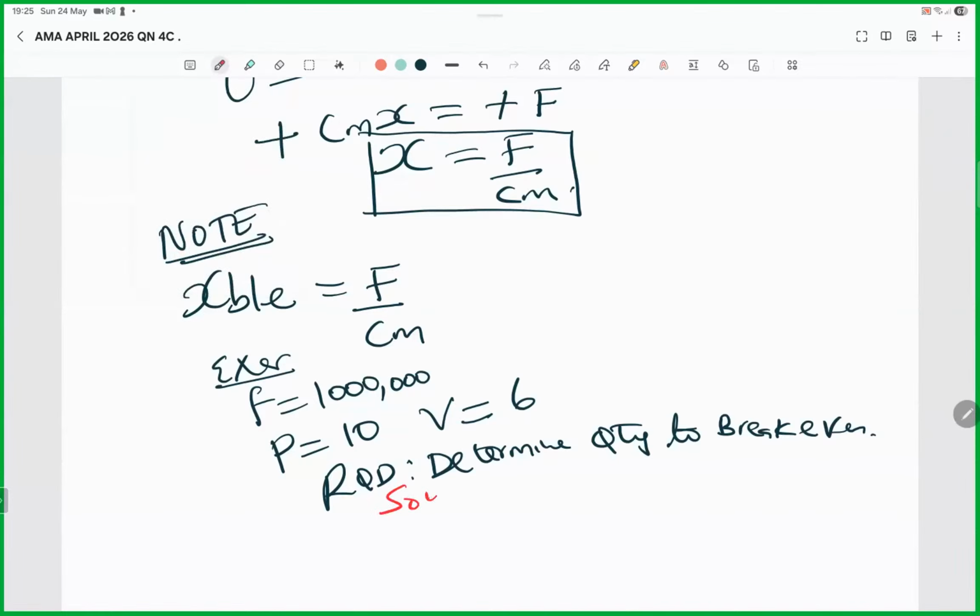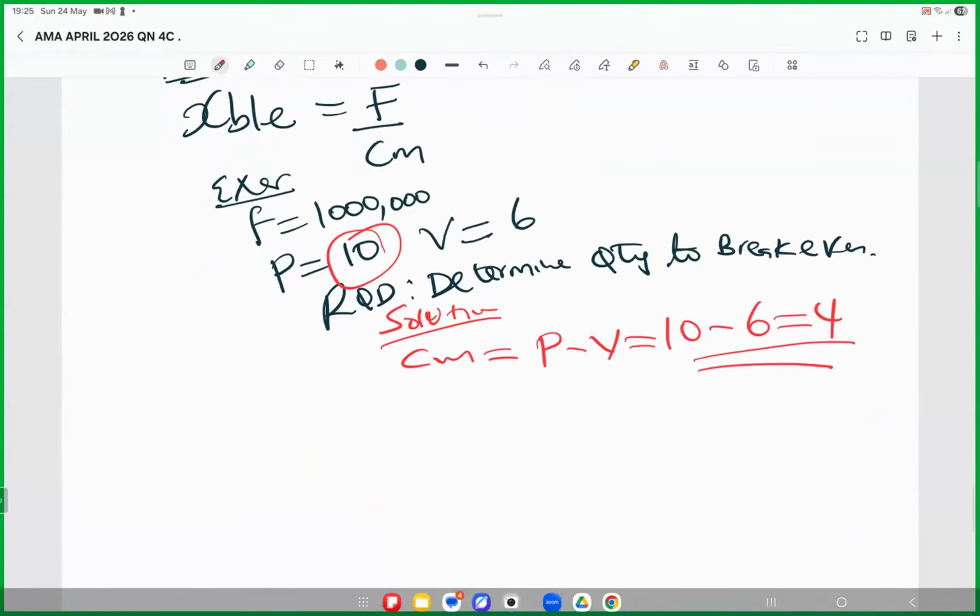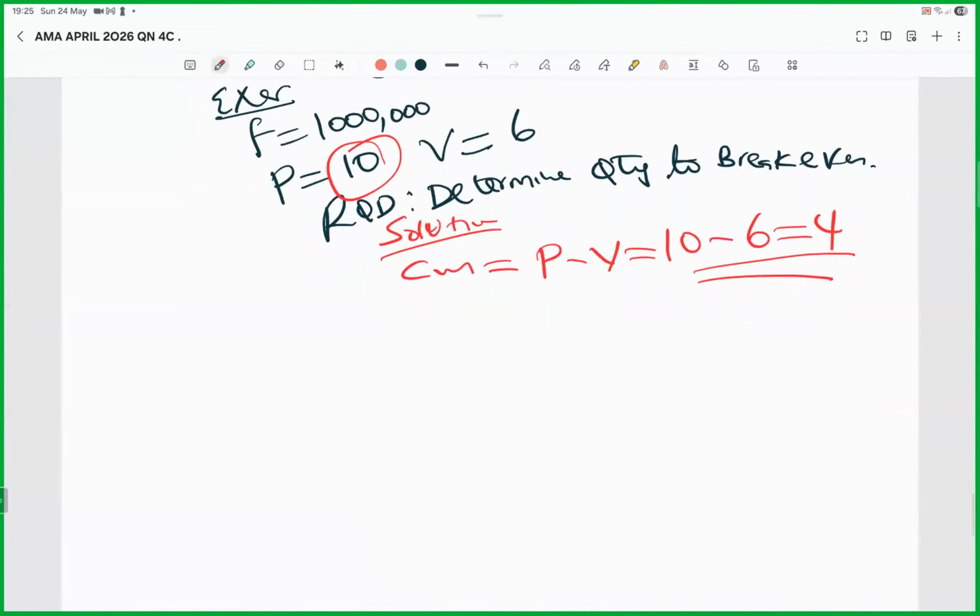Solution. So first of all, they have gotten CM, and the CM is P minus V. Selling price here is 10 minus variable cost of 6, which will give me 4. And then they remembered the formula. What do they want? They want us to give them quantity, which is X, to break even.